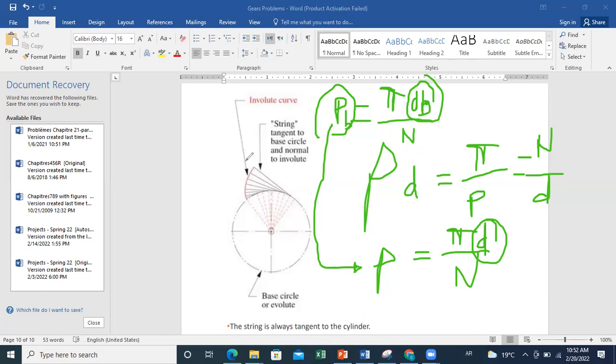The idea is that when we developed the course material, we said that the normal to the involute curve should be tangent to the base circle. Whenever we have two involutes in contact and we draw the normal line, the normal line should always be tangent to the base circle.